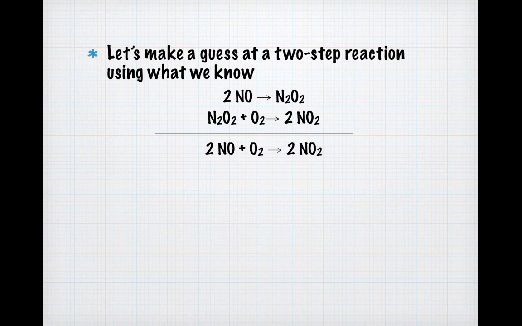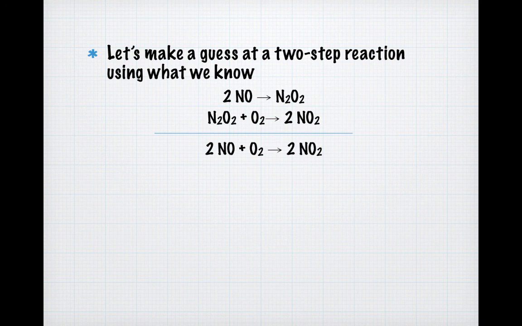They're going to collide and fuse together and make an N2O2 molecule. Then that N2O2 molecule is going to react with the other reactant, O2, and that'll give us 2NO2. Notice that both of these steps in the mechanism are balanced, and that's very important. Your individual elementary steps also have to be balanced reactions in and of themselves.